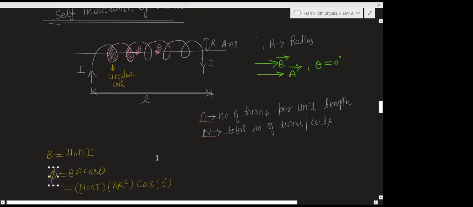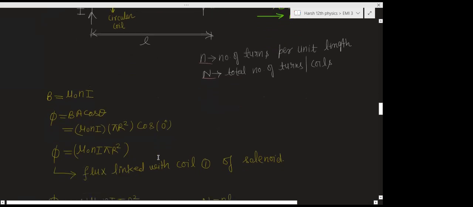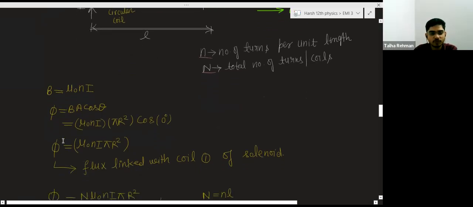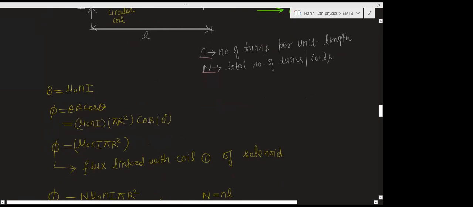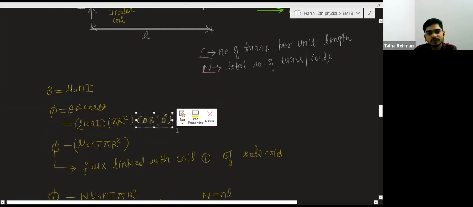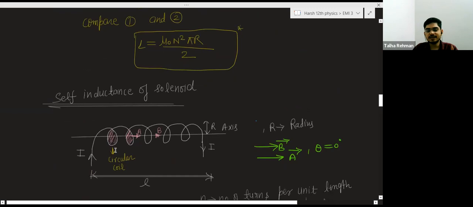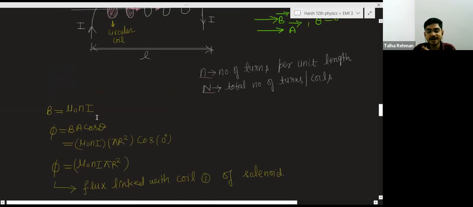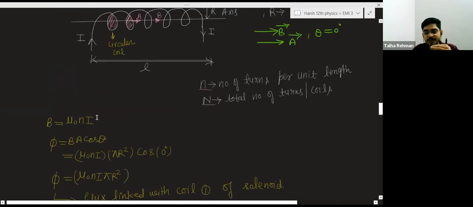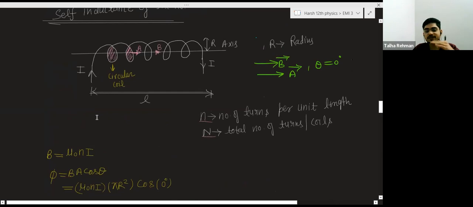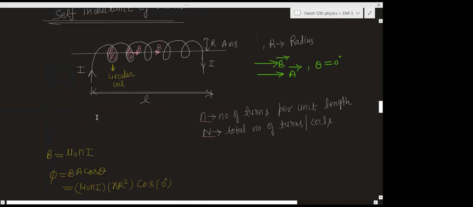So phi, the flux linked with coil 1, and cos 0 is 1, so you will get mu naught n i pi r square. So with this one coil, the flux linked will be this. I am just speeding up because we have already done this so many times.